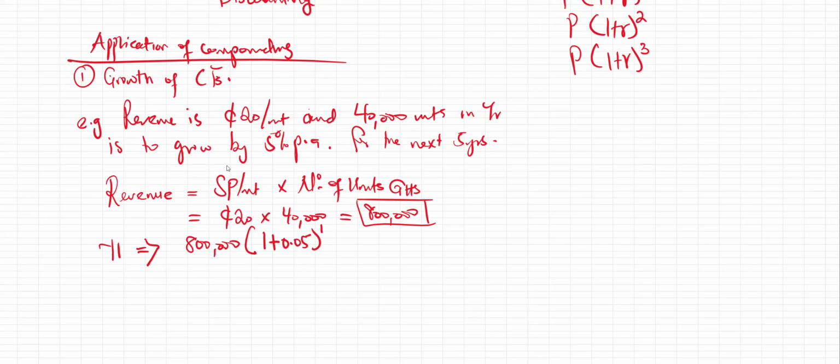So that's the first year. I can take the same 800 and do it raised to the power 2, or whatever figure I get here, I just multiply by 1.05 again. You get it? So what figure do I get?